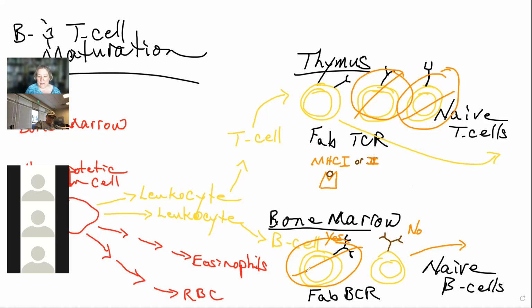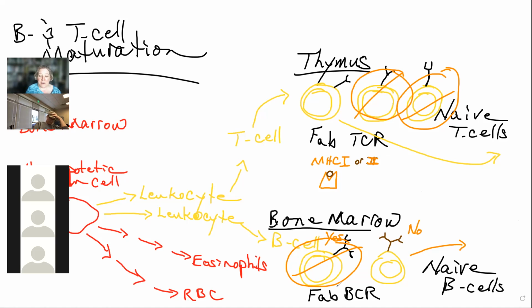B cells, because they're releasing their antibodies out into the environment, they're not necessarily shaking hands. Then they don't have to answer this question about the MHC1 or the MHC2. Okay. So they just graduate.